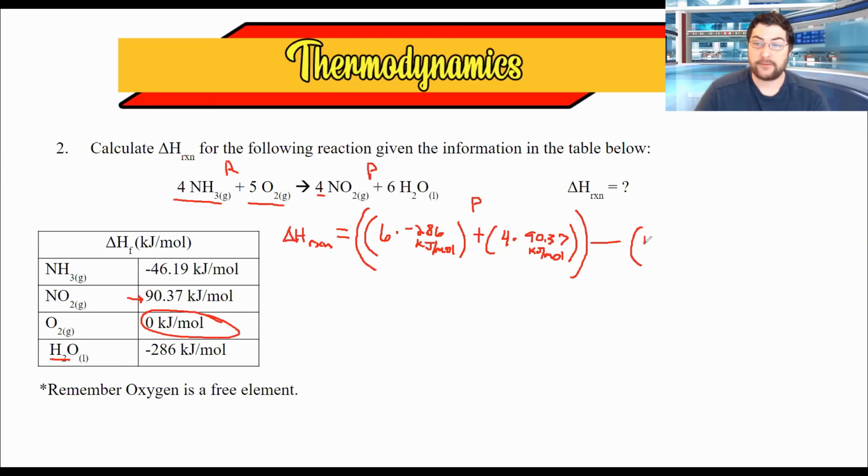So we're going to have 4 times the ammonia, which is negative 46.19 kilojoules per mole. Make sure you include that negative 46.19 kilojoules per mole. And then we can just plug that into our calculator and get our answer.